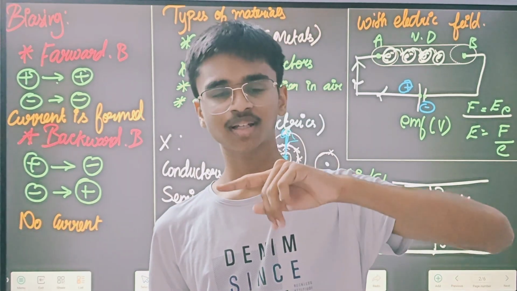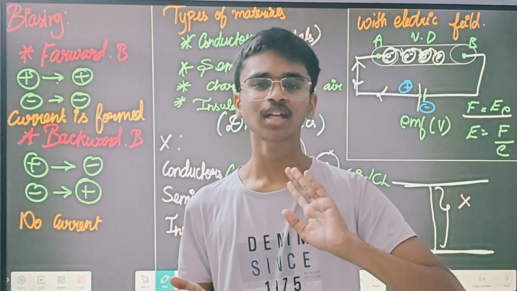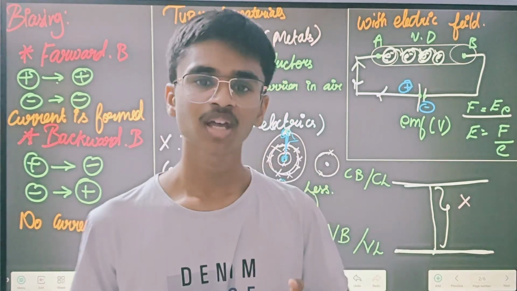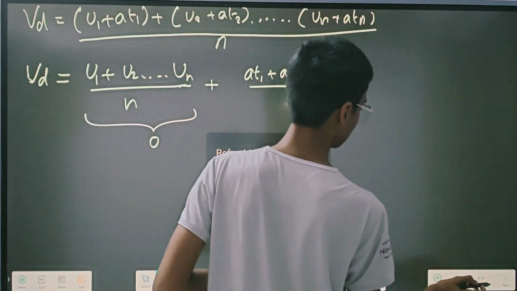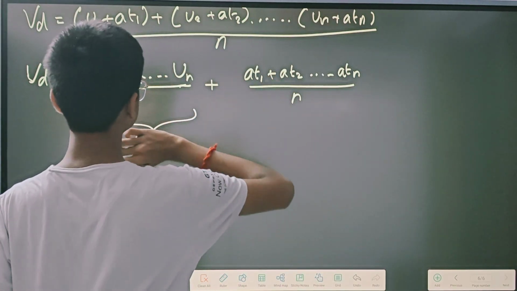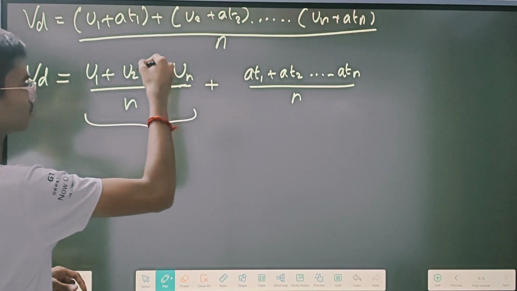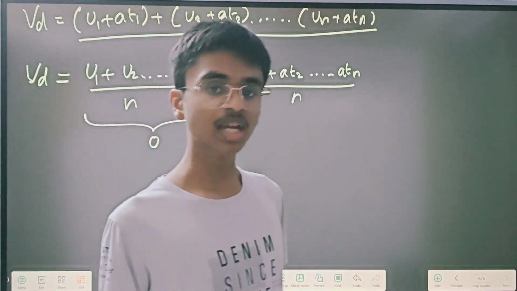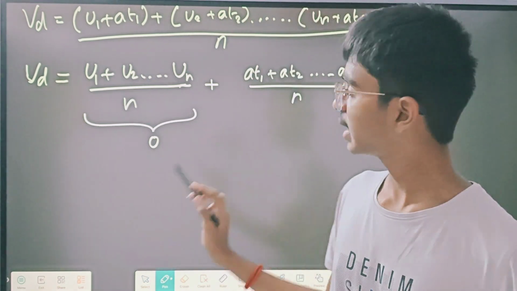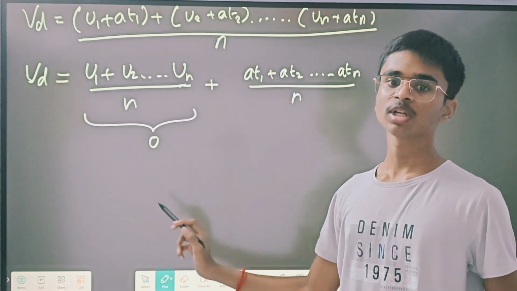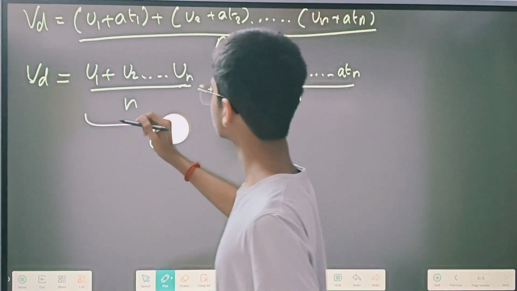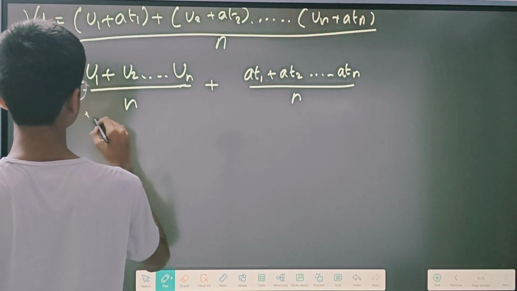They'll be traveling fast, but their speed won't be that much. Here we are adding them and then dividing them, so it's going to be negligible. Since this total term is negligible, it's finally going to result in 0.